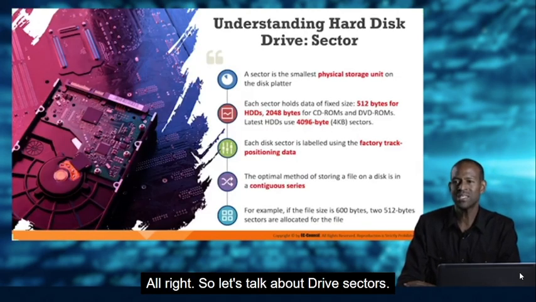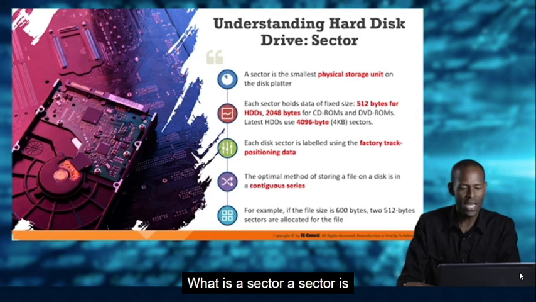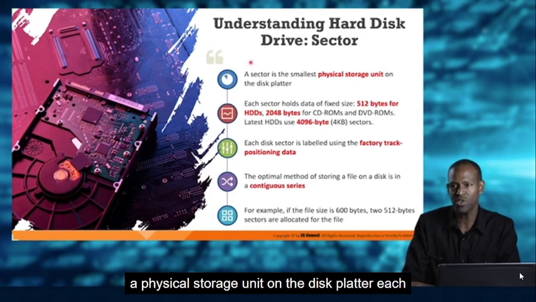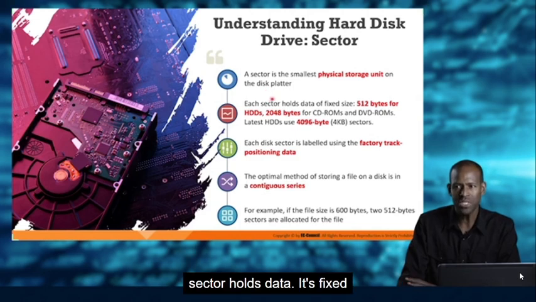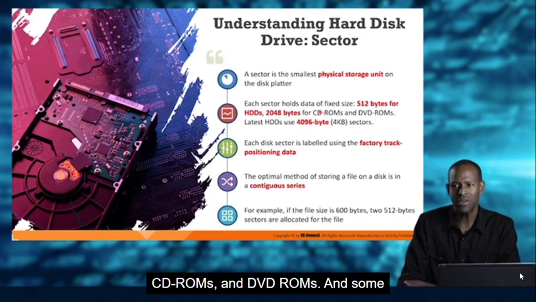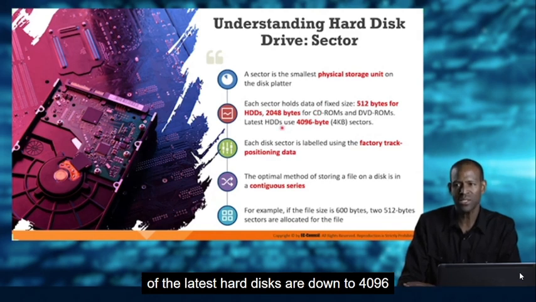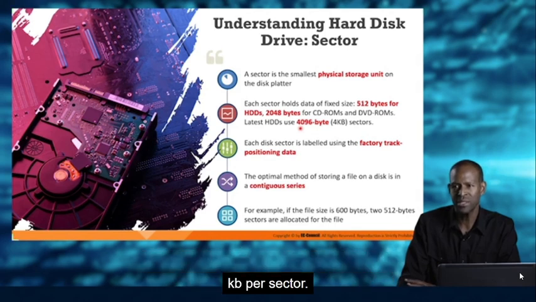All right, so let's talk about drive sectors. What is a sector? A sector is a physical storage unit on the disk platter. Each sector holds data. It's a fixed size, maybe 512 bytes for hard drives, maybe 2048 for CD-ROMs and DVD-ROMs, and some of the latest hard disks are down to 4,096 kilobytes per sector.